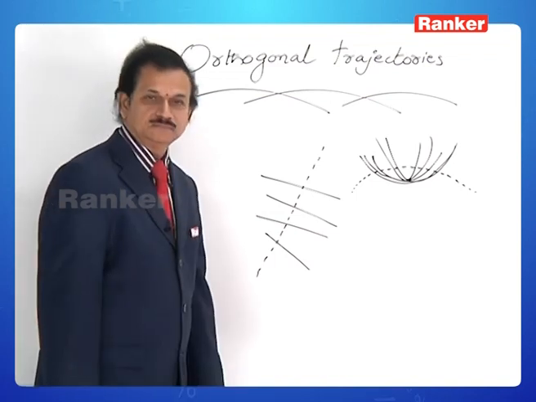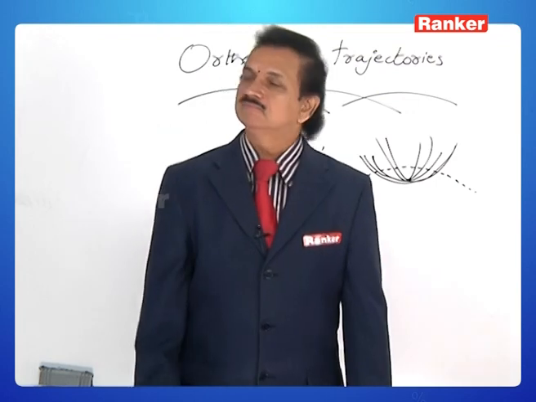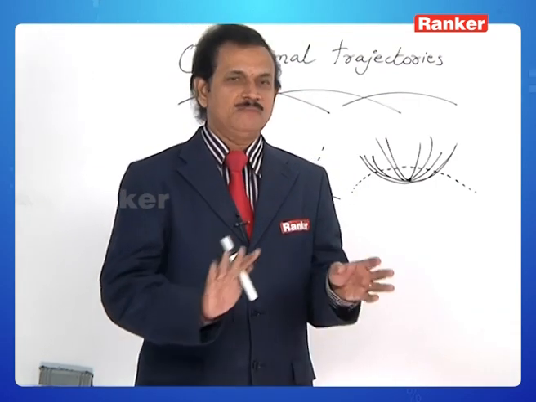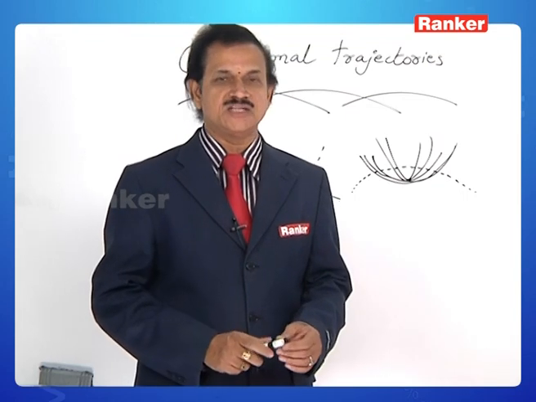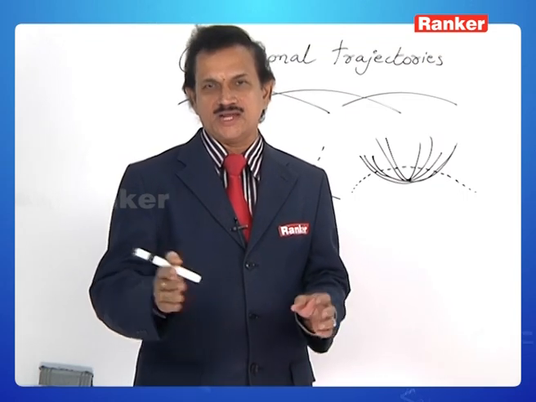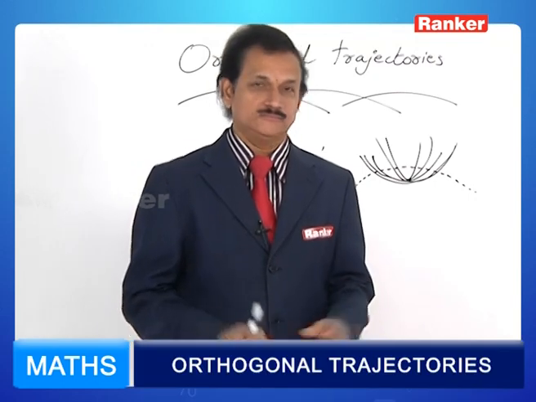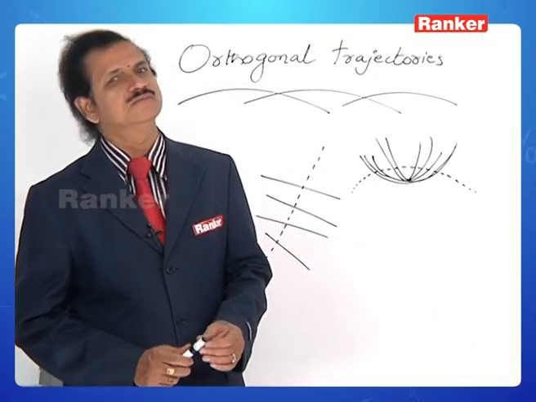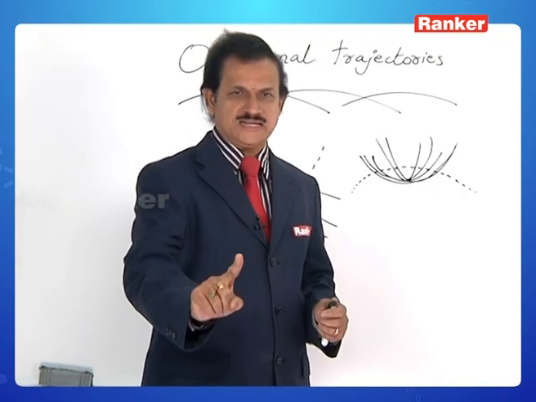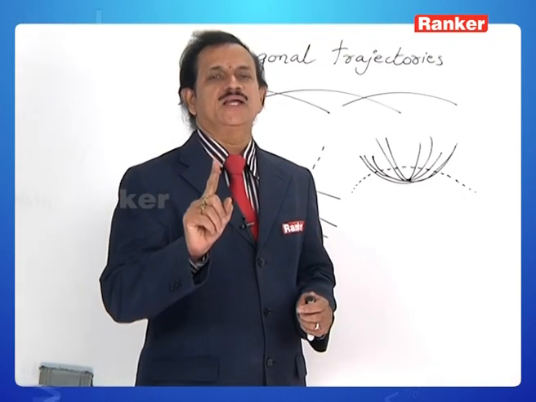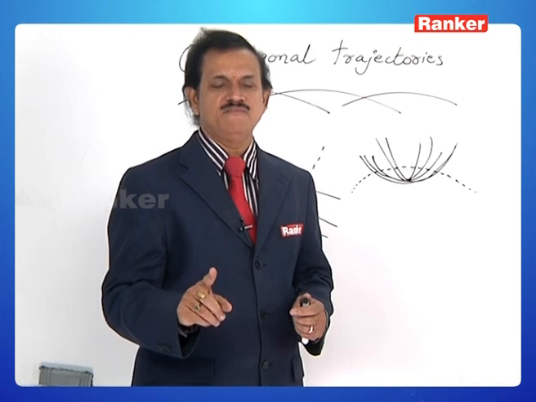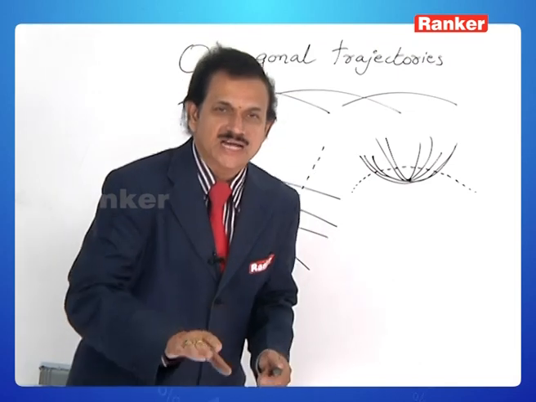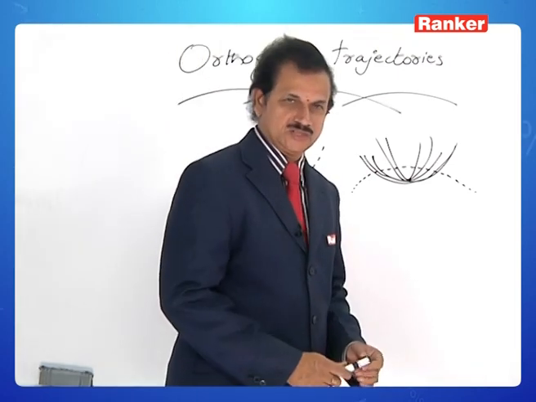Okay then, we have got the meaning of the word orthogonal trajectory. What will be the type of questions generally asked, and what must be the way to solve them? That we must know. It's enough for us; we need not go into the details of that. What is an orthogonal trajectory? A curve which cuts each and every member of a given family of curves orthogonally is called an orthogonal trajectory.